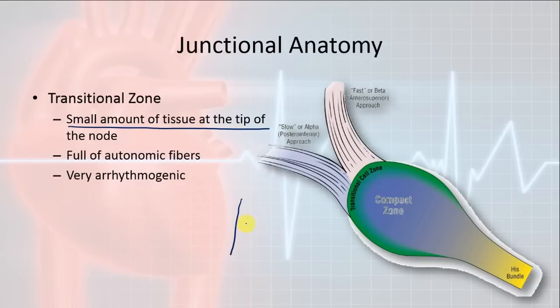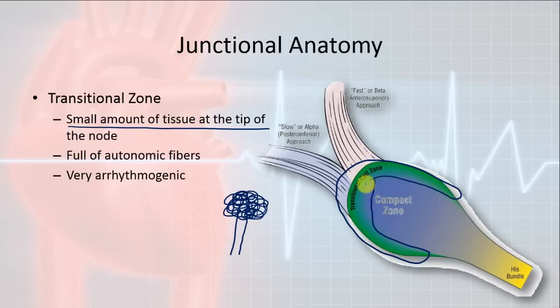If you think of somebody that has a Q-tip, you have the white shaft of the Q-tip, and then the Q-tip itself has the fuzzy part that covers it. The transitional zone is like the fuzzy part that covers the Q-tip. And as you can see, the transitional zone is just this part that actually covers the outside of the compact zone.